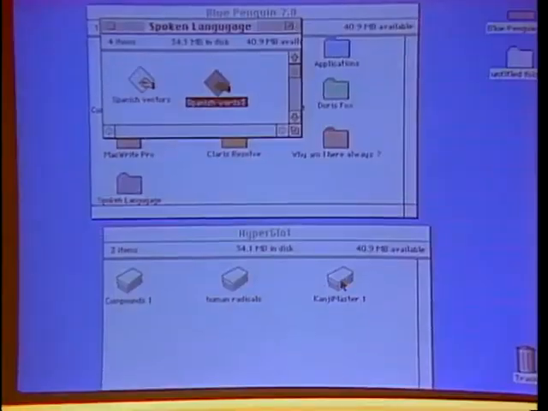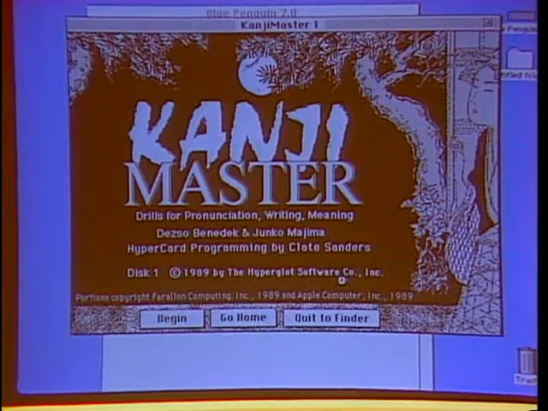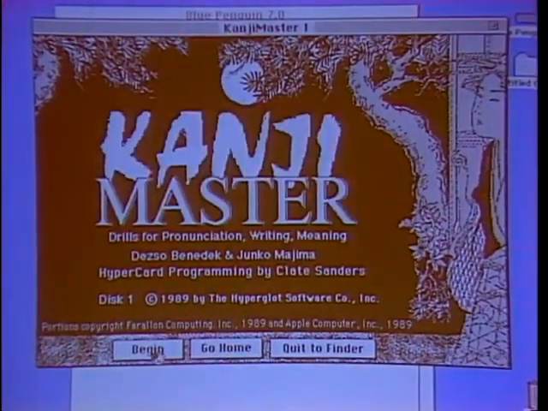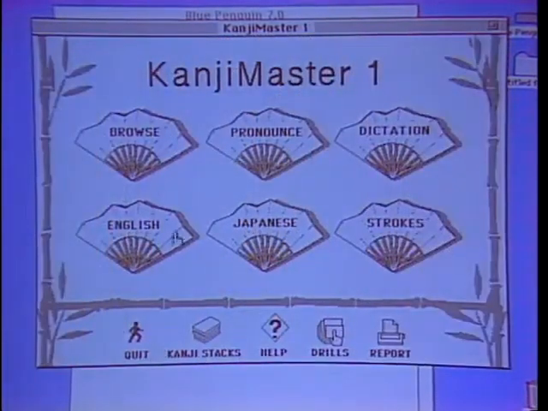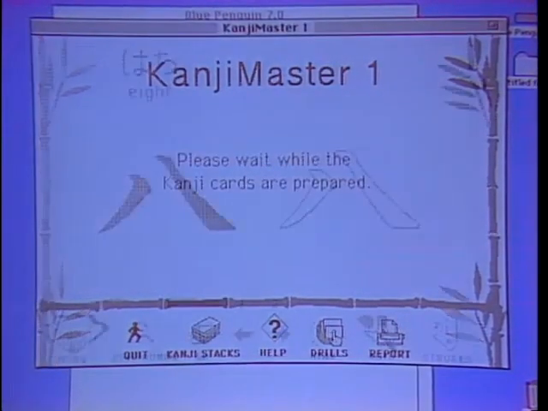Well, I'll show you something called Kanji Master, which was an Encryptal award-winning program last year that is supposed to teach the kanji, which are really difficult to learn. This presupposes that you might not know any kanji whatsoever.